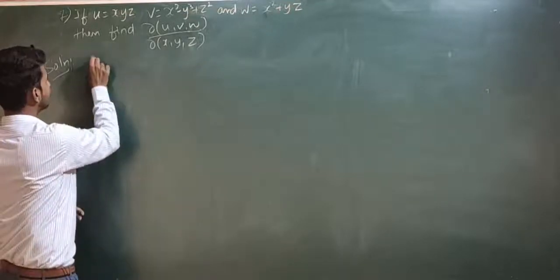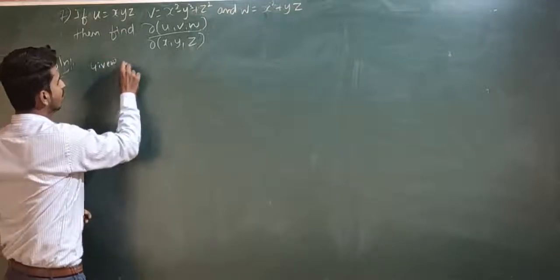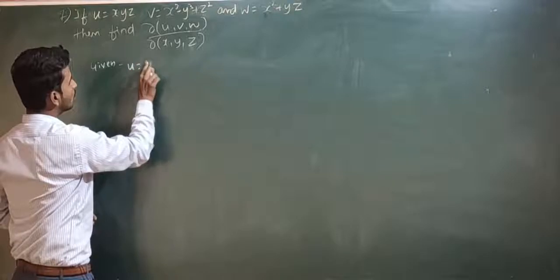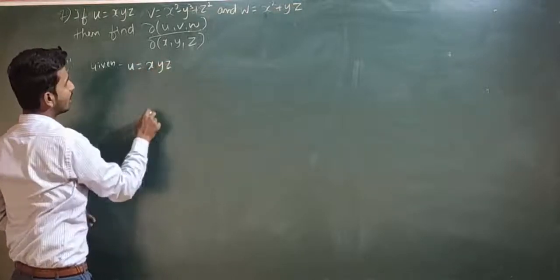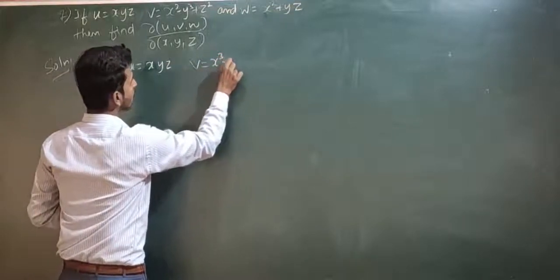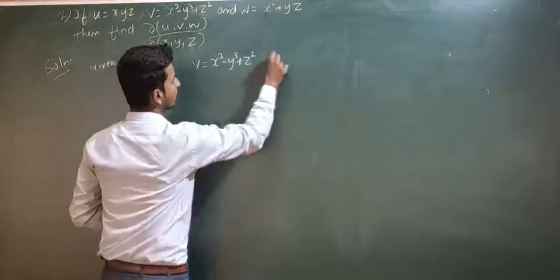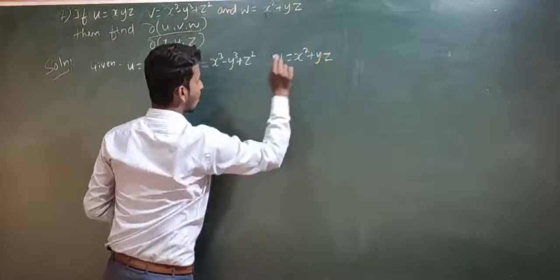Here, what is given? Given u equal to xyz, v equal to x cube minus y cube plus z square, and w equal to x square plus yz.